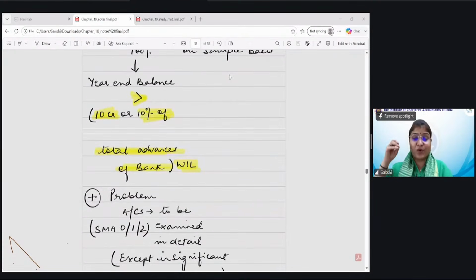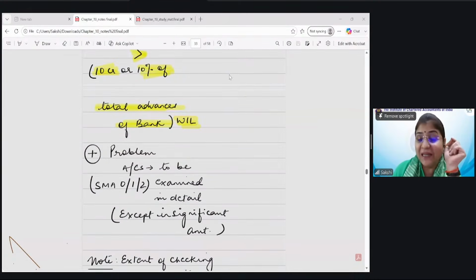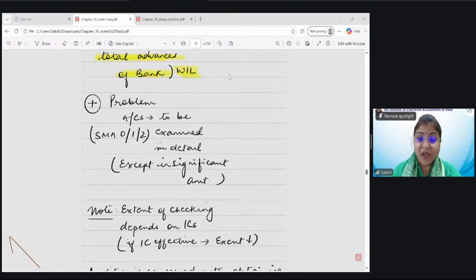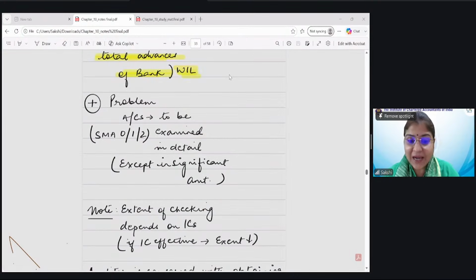Also, as an auditor, you have to examine the problem accounts. What are problem accounts? SMA 0, SMA 1, SMA 2 that we did that day. That has to be done in detail, except when the amount is insignificant, very small to be seen. The extent of checking depends upon the internal controls of the bank.